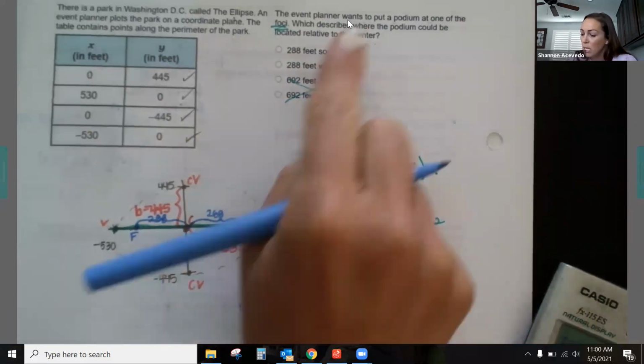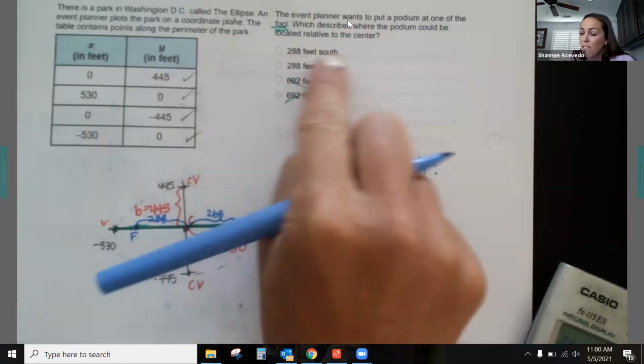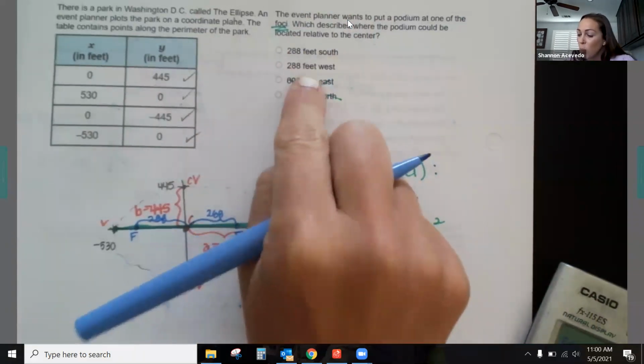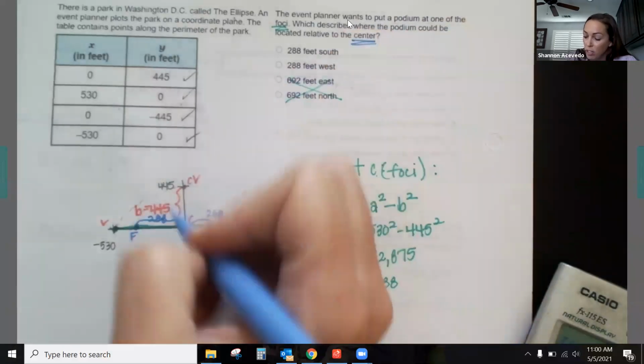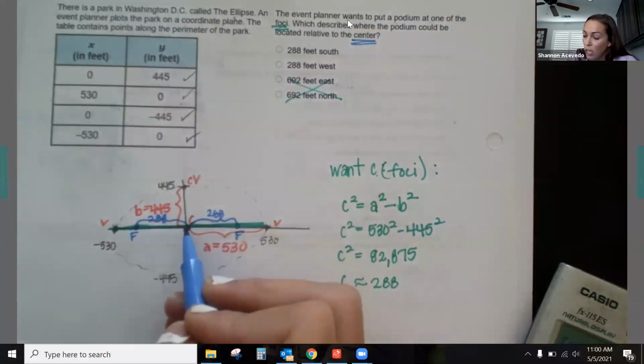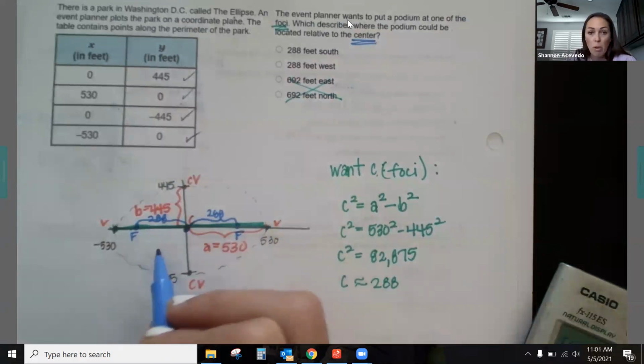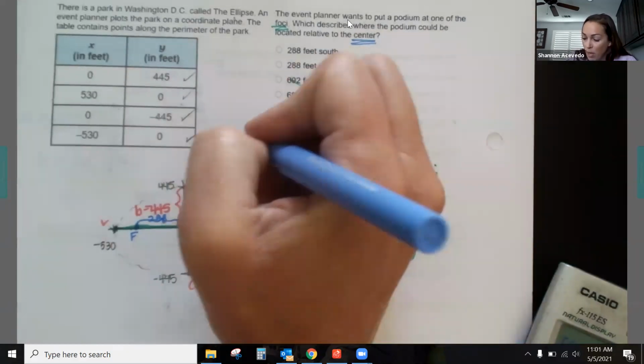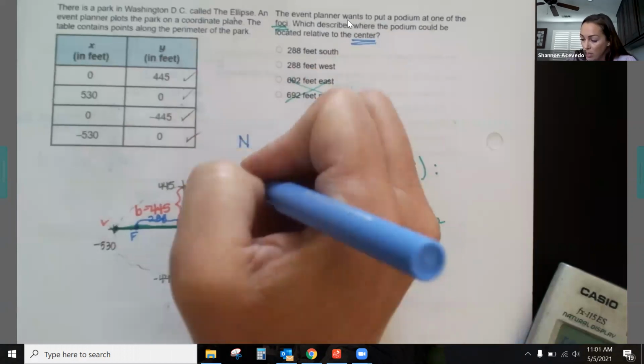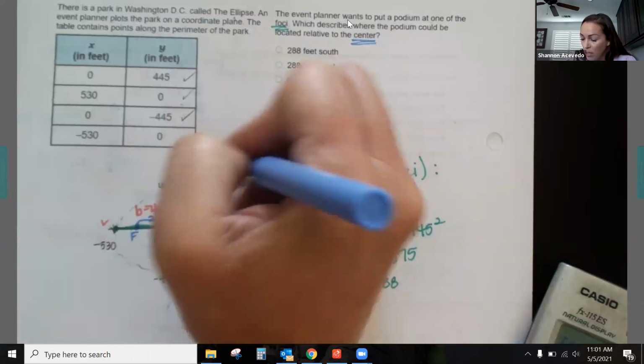So what does this tell me here then? I have 288 feet south, 288 feet west, and it's saying from the center. So if I'm here, am I going to go 288 feet south or west to find where the podium is? Well, remember, north, east, south, west.